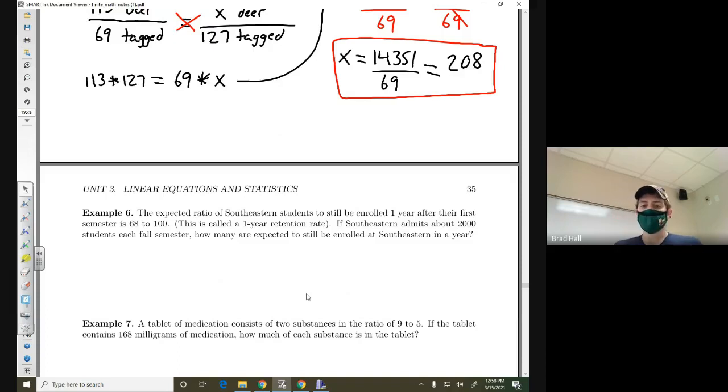And so this would be maybe if Southeastern's parking committee was thinking about, do we have enough parking spaces for everybody? And trying to see, all right, if we admit a certain number of people, how many do we predict are going to stay around? What resources and amenities do we have to prepare for in addition to the current student body?